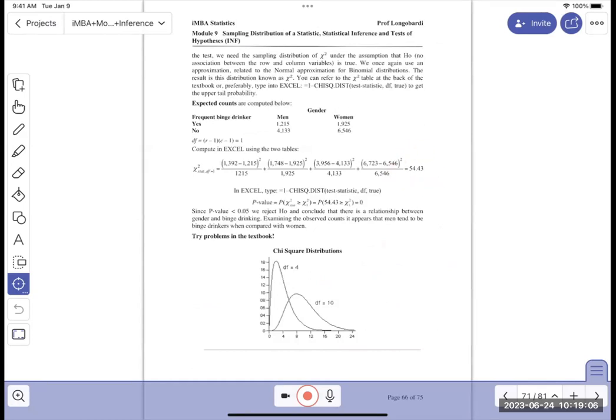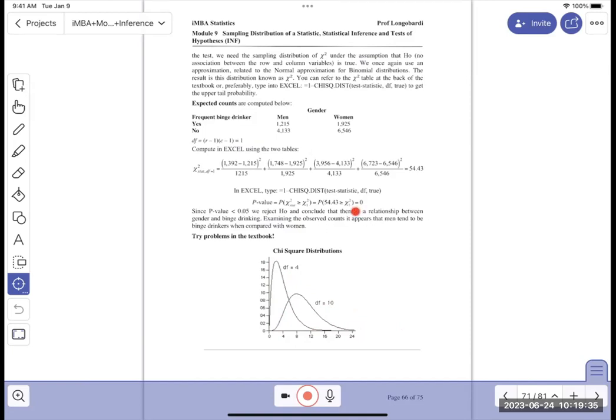It's a chi-square. And then you test it. And the chi-square distribution changes depending on the sample size. It becomes flatter and wider. Otherwise, it's very peaked as the sample size goes up. It's a longer distribution.